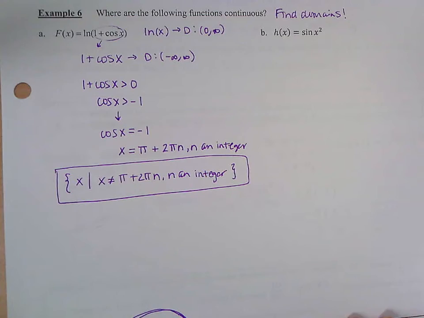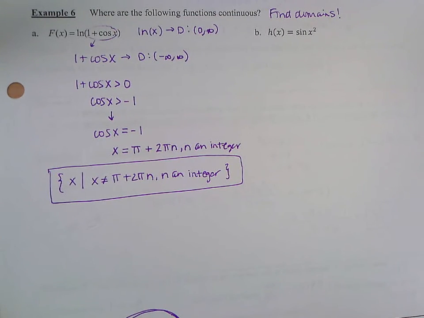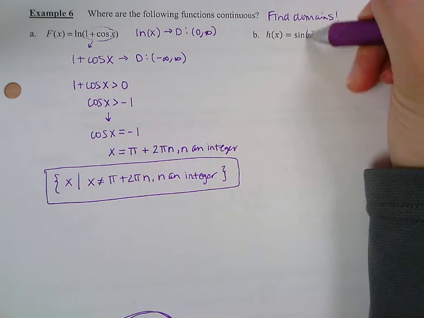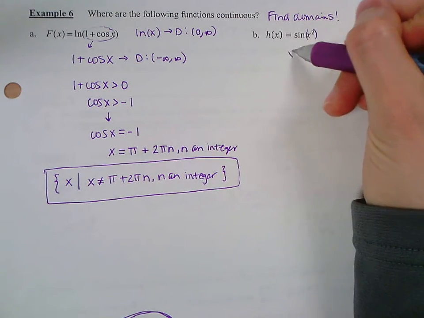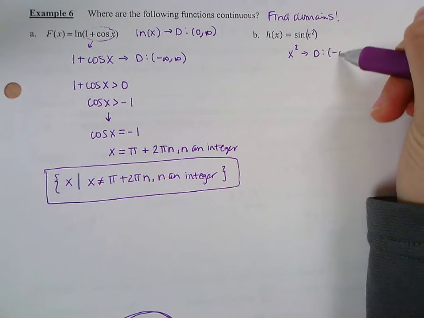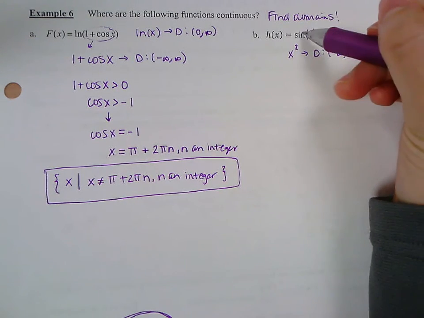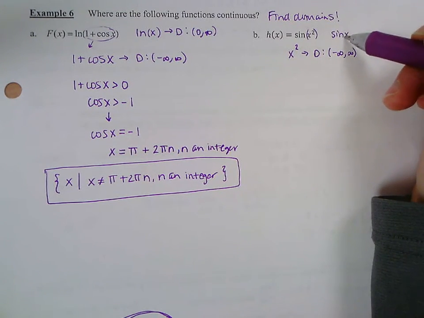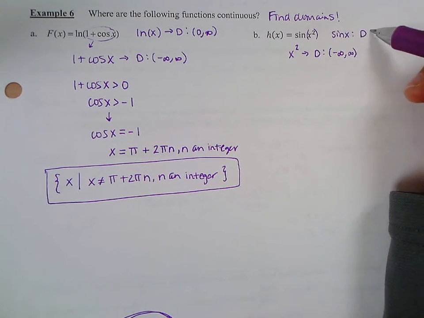All right, so if we look at part B, this one's more straightforward. We have sine of x squared. So you first look at just x squared. What's the domain for x squared? All real numbers. And then you have sine of x squared. If we just had sine of x, that domain is also all real numbers, so there's no restriction.